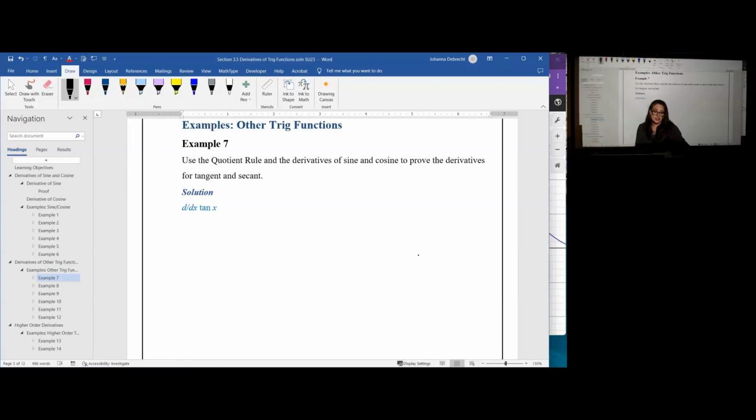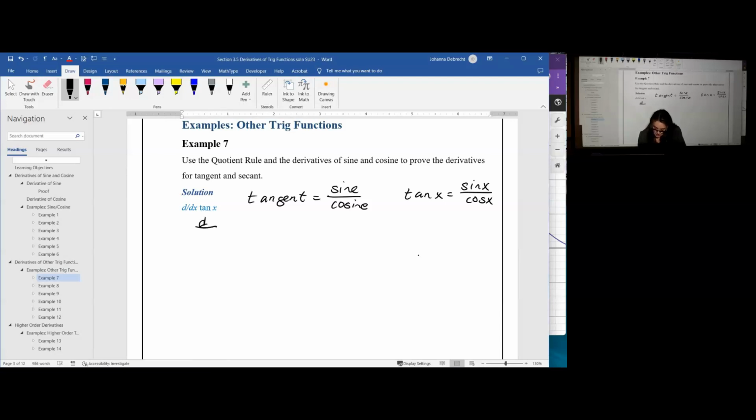To do that, we need to use the definition of tangent. Tangent is equal to sine divided by cosine. That means that the tangent of x is equal to sine of x divided by cosine of x.